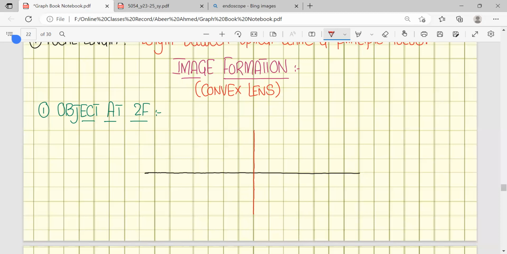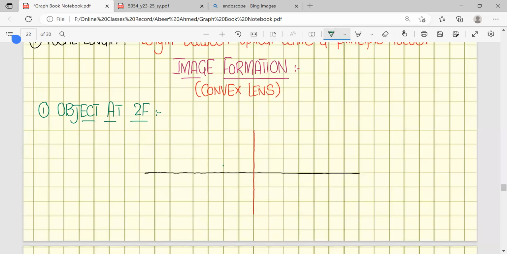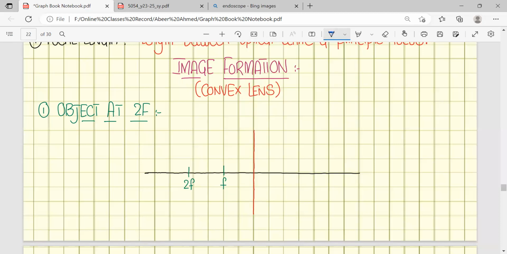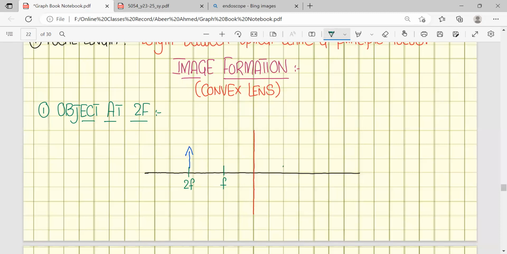Okay. So in all conditions we only use a convex lens, right? So let's suppose there is a focal length, and if we double this distance, this is our 2f, right? And the object is placed at a distance of 2f from the lens. So this is our object, and let's draw the focal length and 2f on the other side also at the same distance.